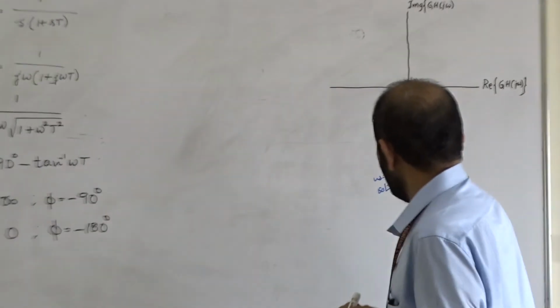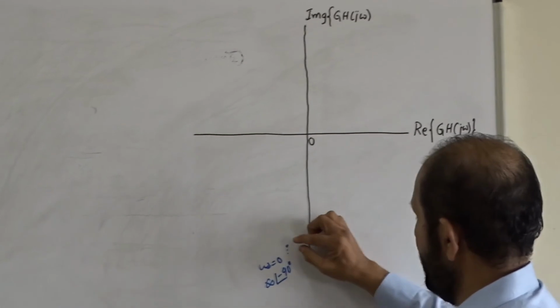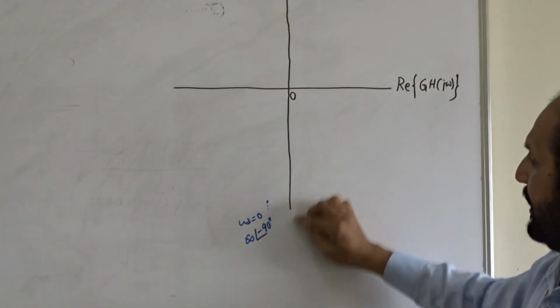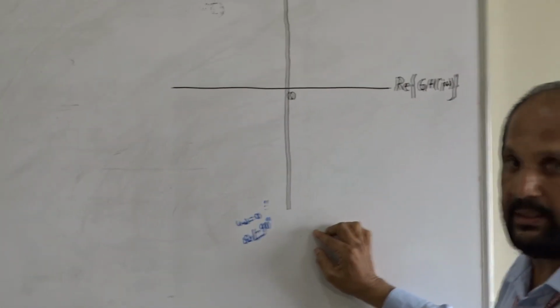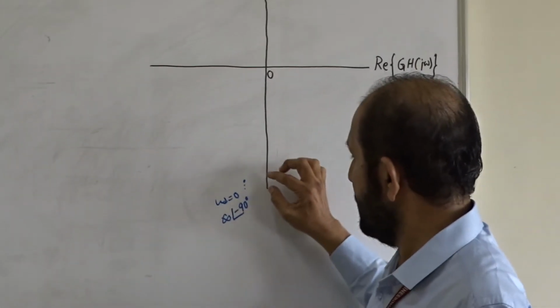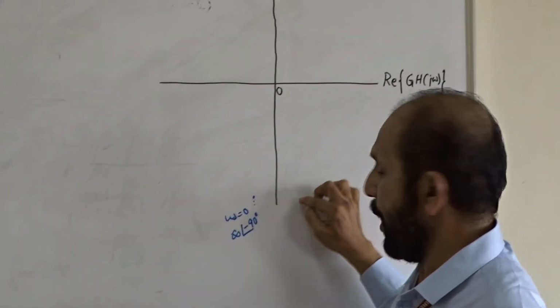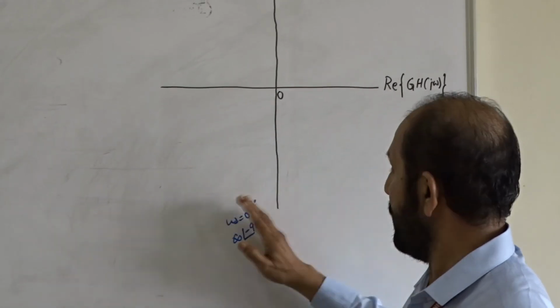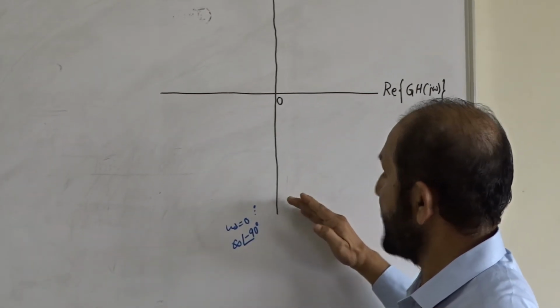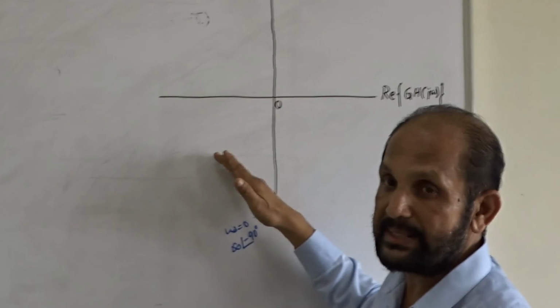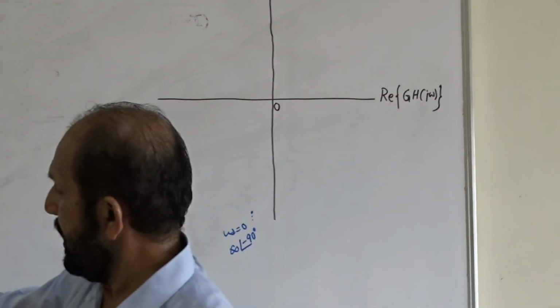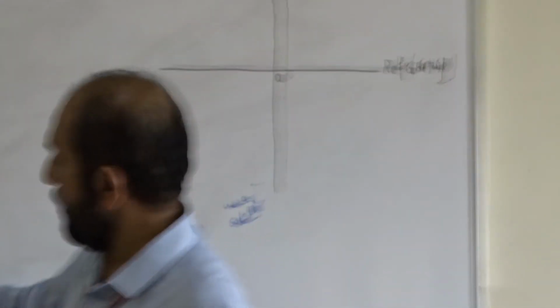Now, for infinity I cannot take this point on the other side of the imaginary axis, because then the plot would have to cross the imaginary axis. The angle goes from minus 90 degree to minus 180 degree.